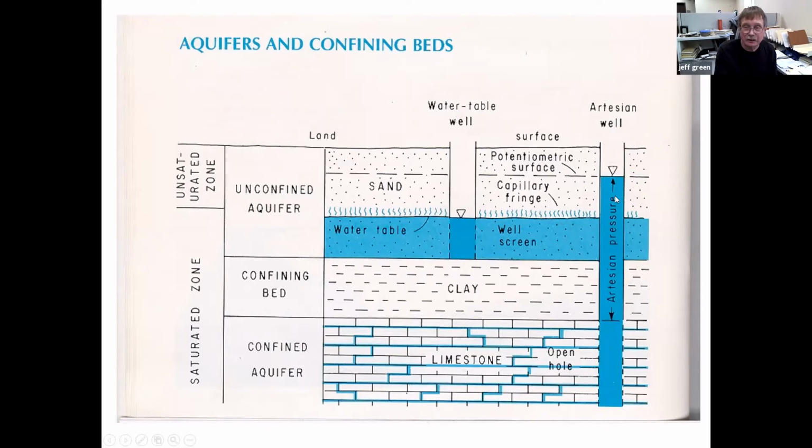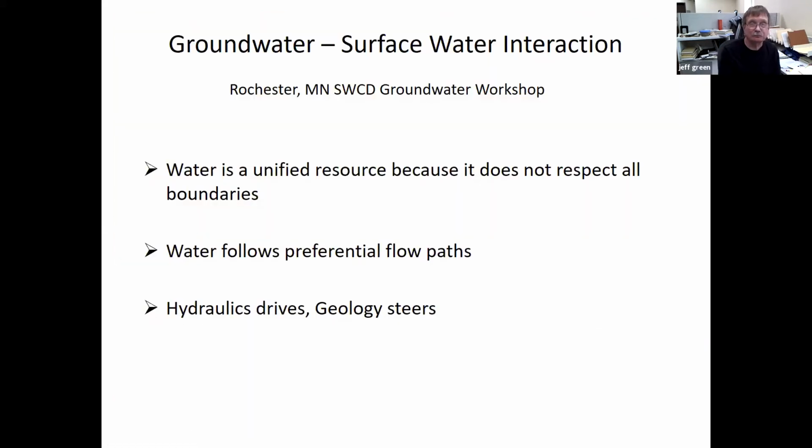People think artesian wells are always flowing. They are not. Some do flow above the land surface. But the definition of an artesian well is that the water level is above the top of the confined aquifer.